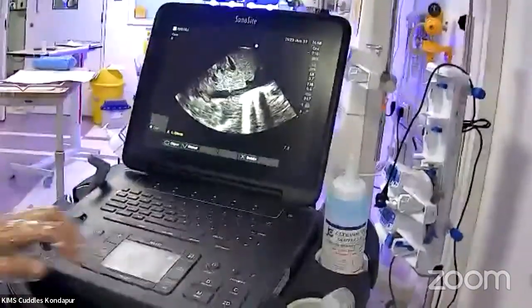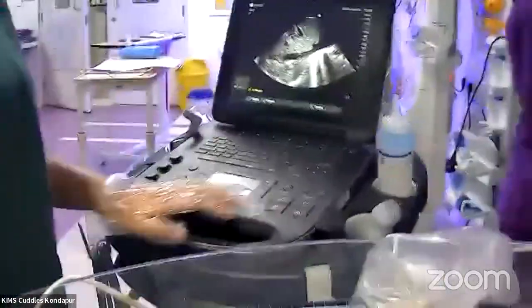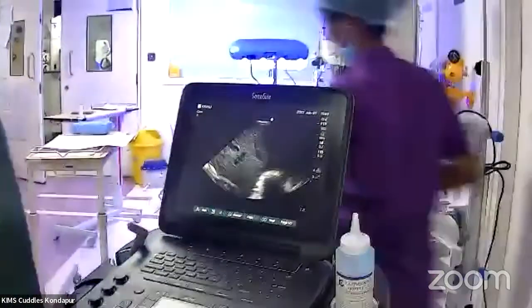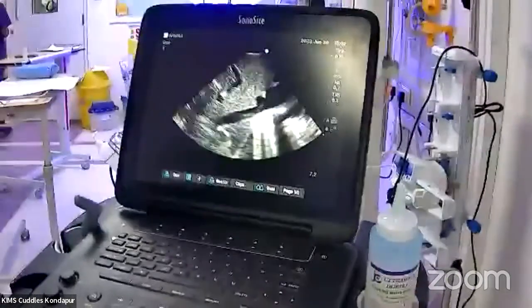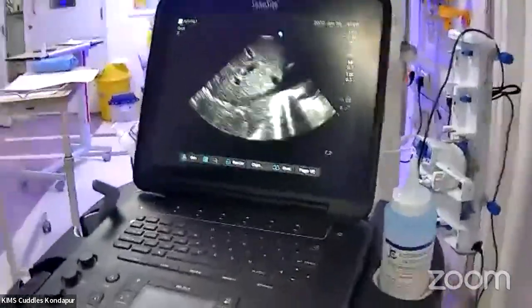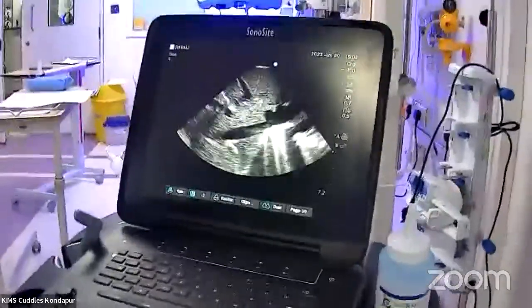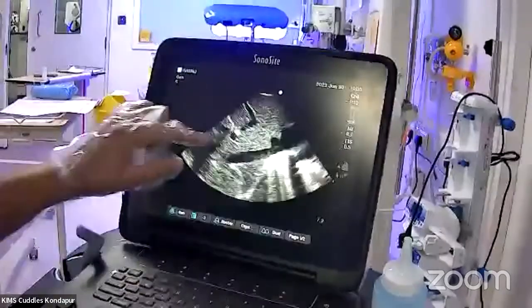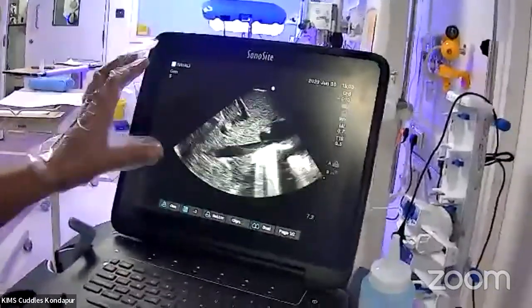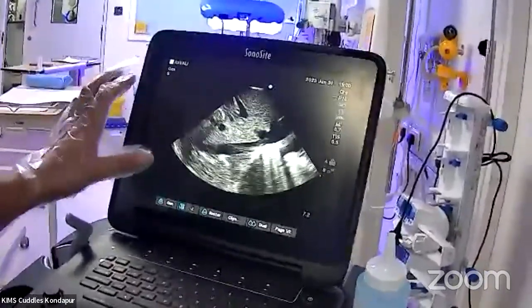We also look at not only the absolute size of the IVC, but also the collapsibility of the IVC with respiration. This IVC actually looks fairly congested, and if you see, it's not varying too much with respiration. If the variation with respiration is less than 5%, it is said that the IVC is not collapsible.